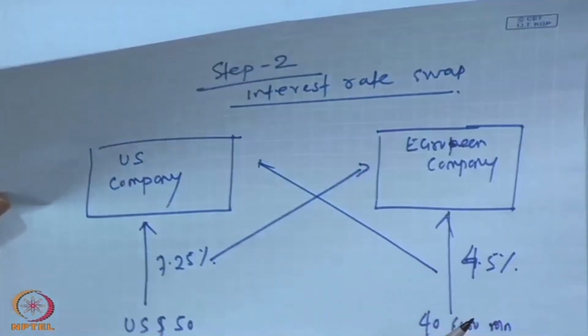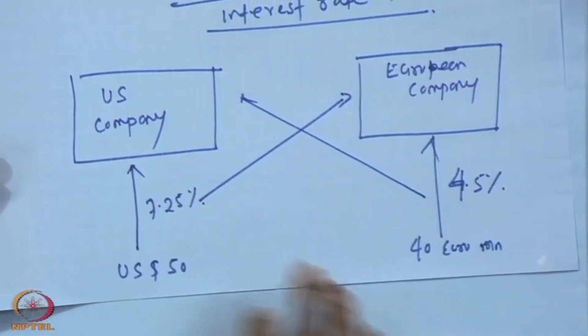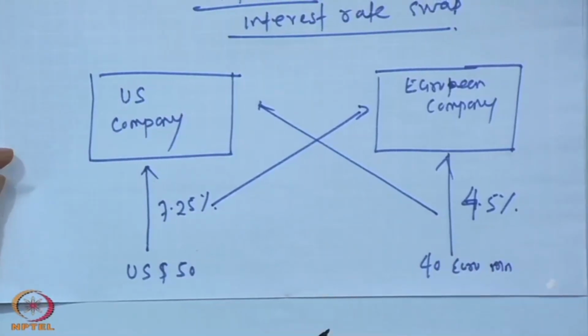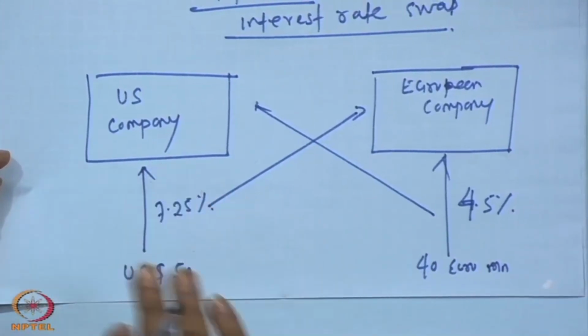Every year the transaction will take place. Suppose the periodic payment is annual, so the annual transaction will take place.